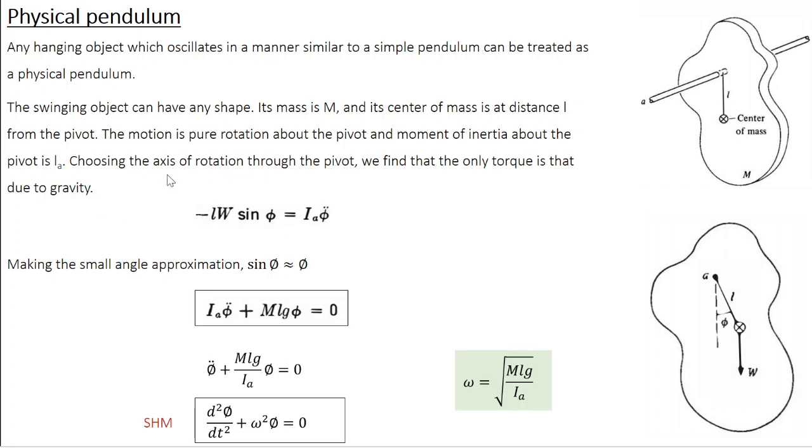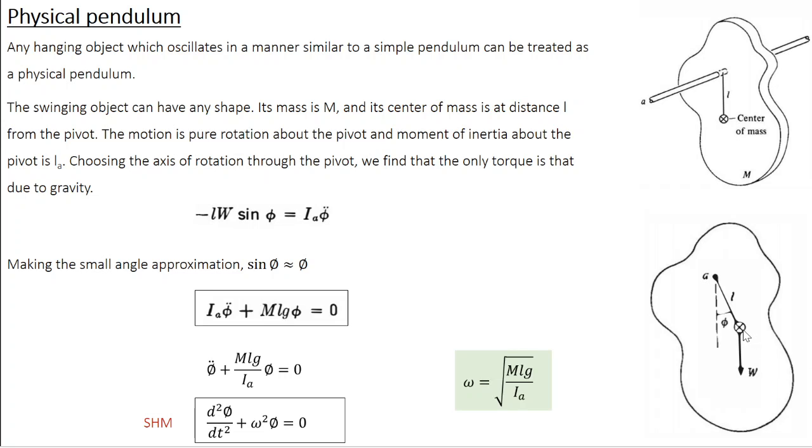Now, choosing the axis of rotation through the pivot, we find that the only torque acting in the system is the torque due to gravity. And we know the expression for torque due to gravity. This is nothing but the weight multiplied by the corresponding perpendicular length. Okay.